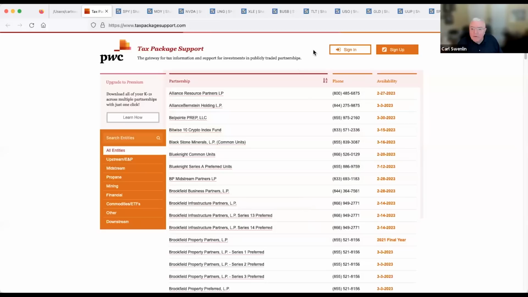And here's a site where you can get those K-1s. It's taxpackagesupport.com, and very handy. I found it to be.